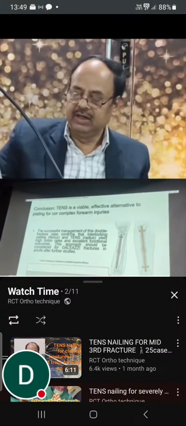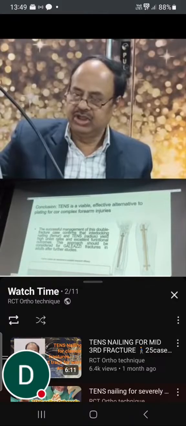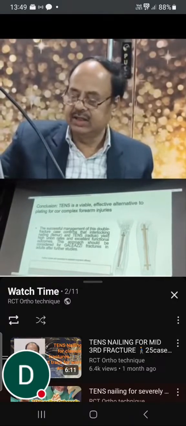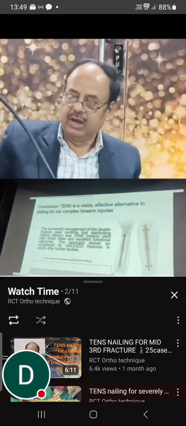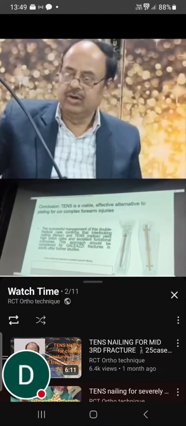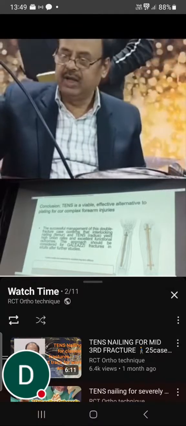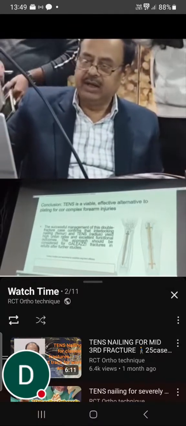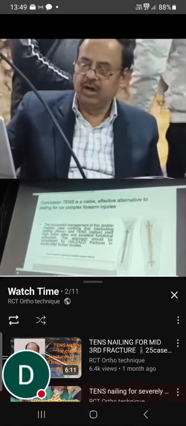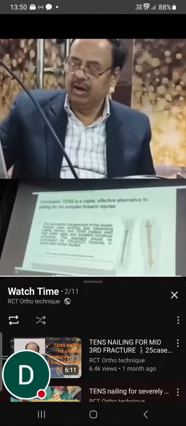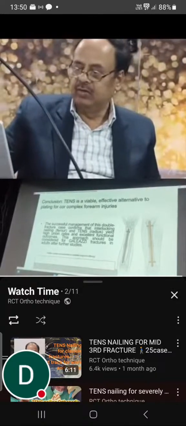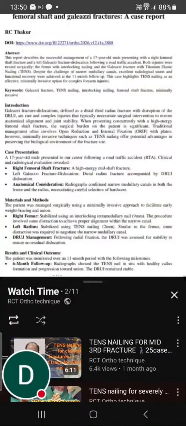The successful management of this double fracture case confirmed that interlocking nailing of the femur and TENS yields higher union rates and excellent functional outcomes. This approach should be considered for Galeazzi fracture in adults after further studies, because I think this is the first case of severe Galeazzi fracture in which I did TENS. This case was published in the International Journal of Orthopedic Sciences.